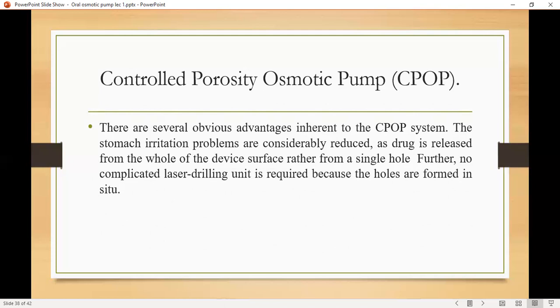In situ means in your formulating facility. So one of the major advantages is that throughout the semi-permeable membrane the drug will be released. There is no single pore. The pores are present throughout the semi-permeable membrane due to leaching agents which are incorporated in the formulation of this system.